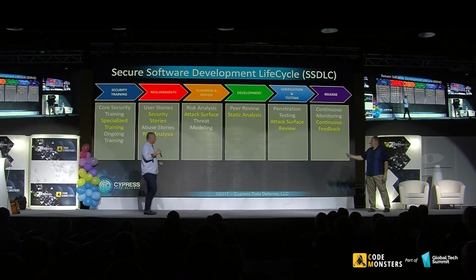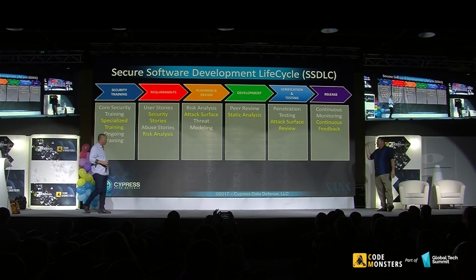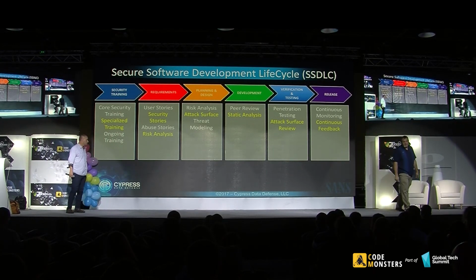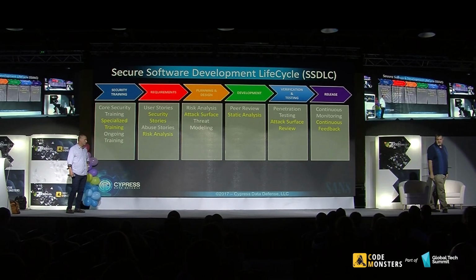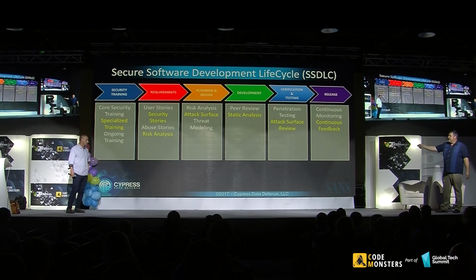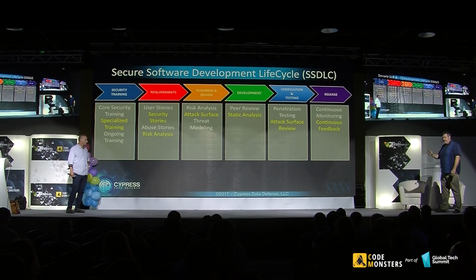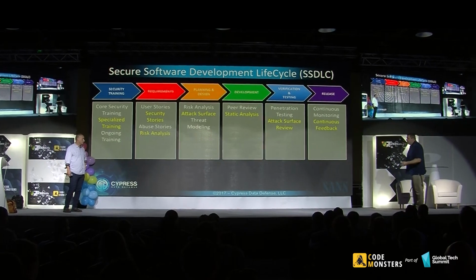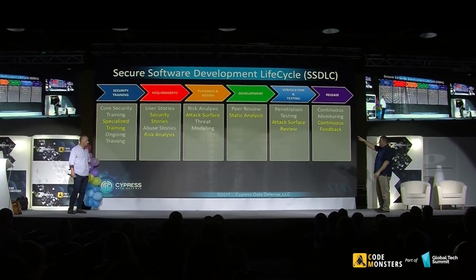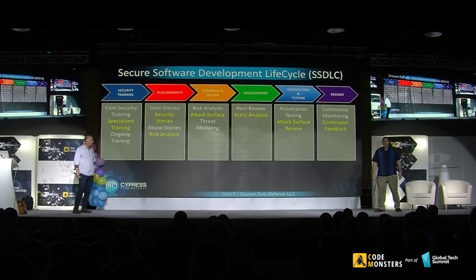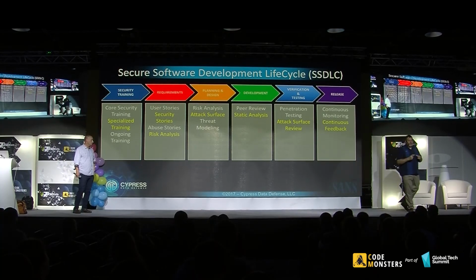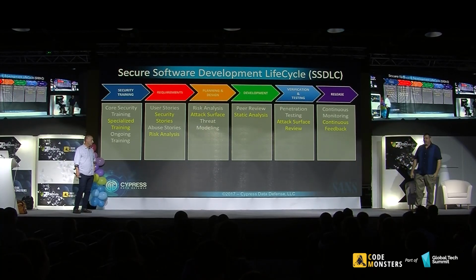So if we add security into every single one of these steps, we can eliminate 90% of these vulnerabilities. We're going to train developers and QAers up front to know what to look for. We're going to start looking at user security stories and abuse stories, and try to break the code before it's ever written.